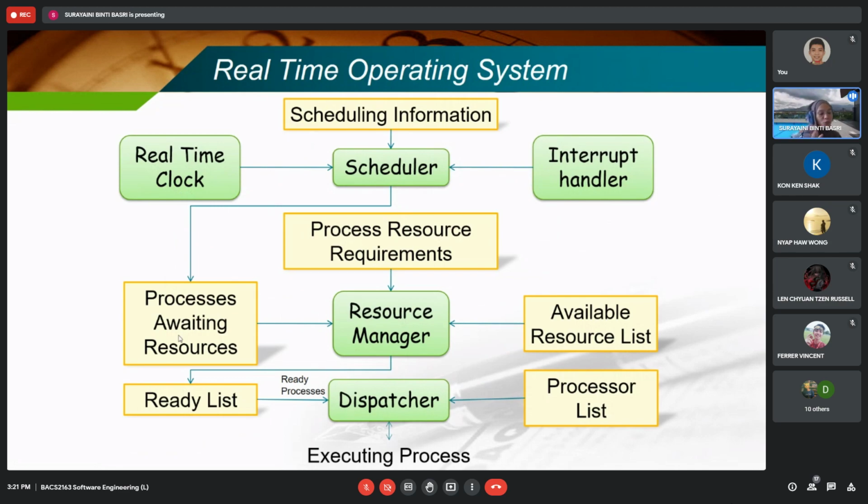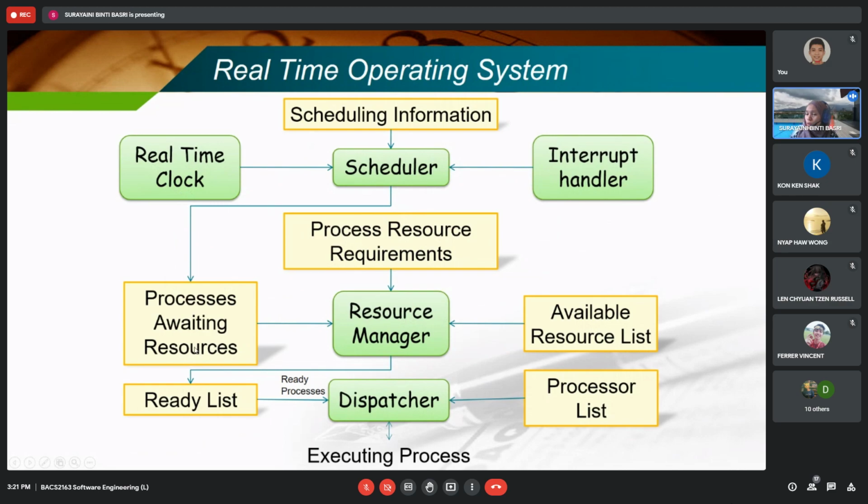That should be put in a buffer to wait to be served by the manager. After that, the resource manager will need the input on the requirements for each of the resources. So when it sees the list of the awaiting processor resources, the resource manager will check the process resource requirements.